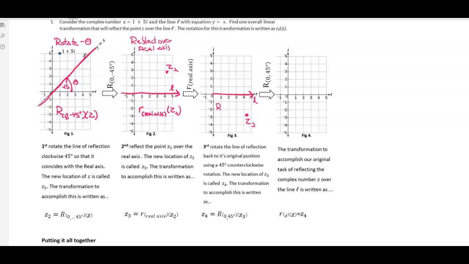Okay, then to get it back where we were, we're going to take this and rotate it counterclockwise 45 degrees. So now this is going to be rotate whatever theta was. And when you do that, this red line goes back to where it was, and your point lands right on 1 or 5 plus 1i.